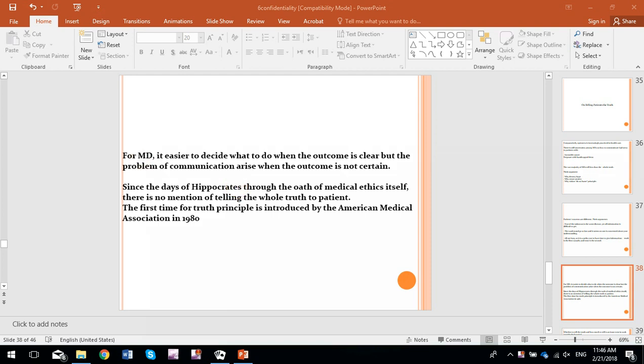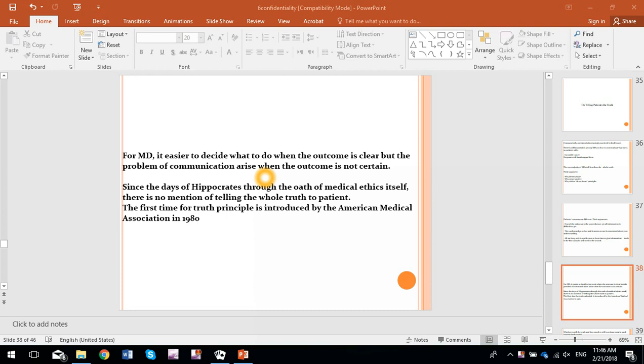For the physician, it is easier to decide what to do when the outcome is clear. But the problem of communication arises when the outcome is not certain. From the physician's point of view, if he has the whole truth or all the information about the outcome, like you have appendicitis and you need surgery, this is well known.